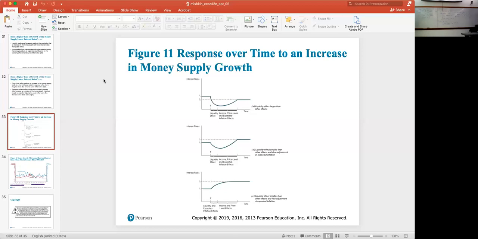So I think this is a really important lesson for us, and something that is important to keep straight. You can't necessarily tell anything about monetary policy based on the level of interest rates alone. If a country has low interest rates, what could be driving that?